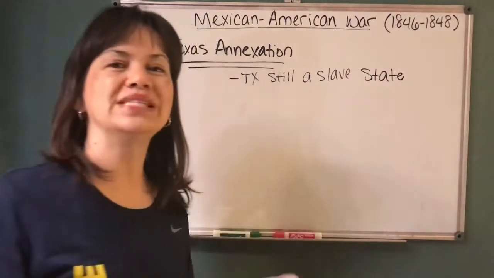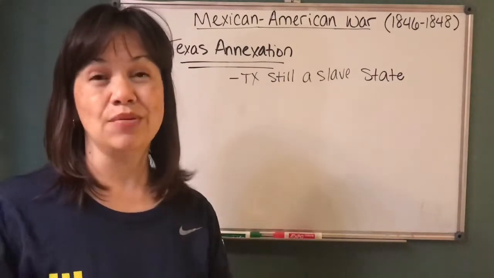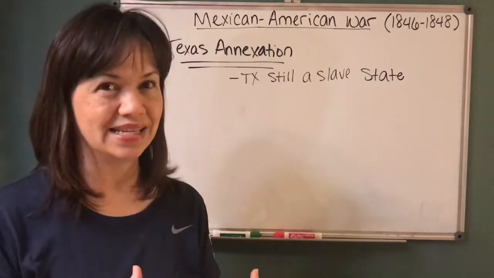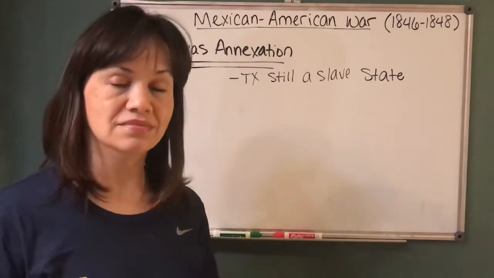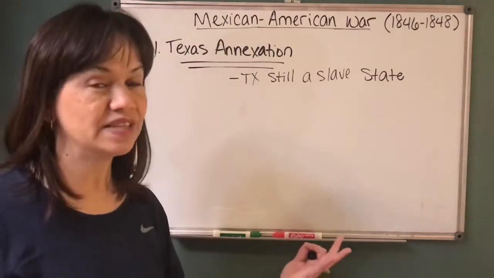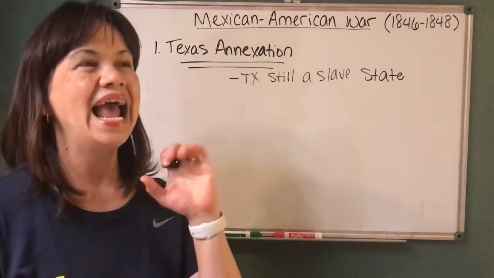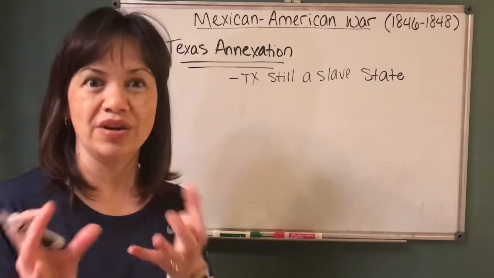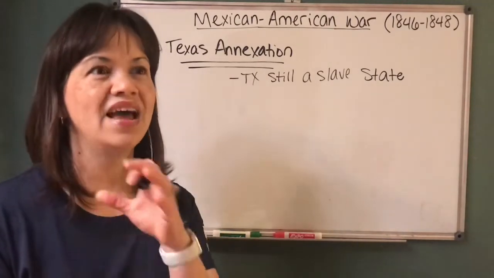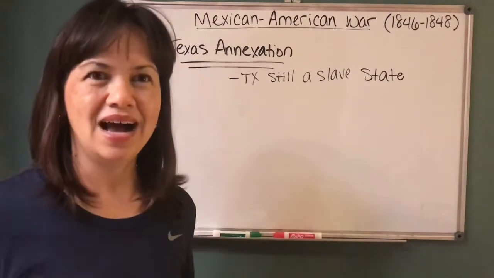Even though slavery was outlawed under Mexican law, a lot of the U.S. colonists had brought slaves with them into Texas, and they continued slavery in Texas. So now that they're independent, they still have slavery, and Texas would be coming into the United States as a slave state, and there was already some tension within the United States over the question of slavery, so they didn't want to throw Texas into that mix.